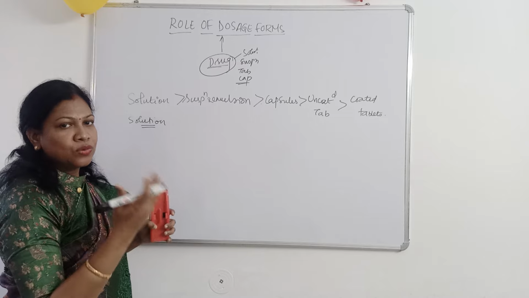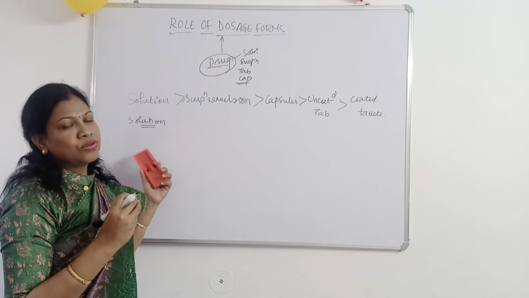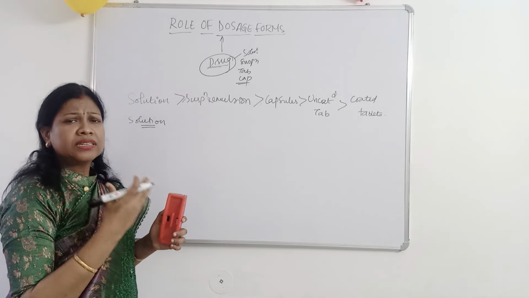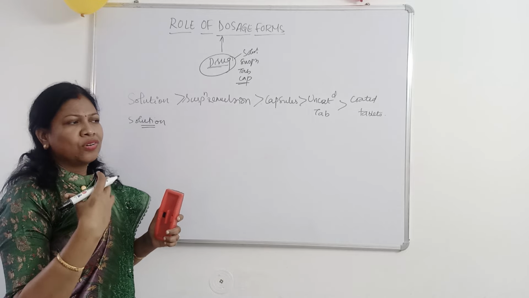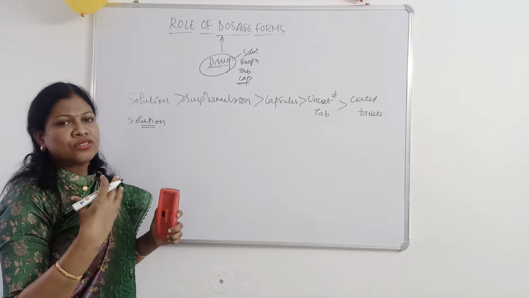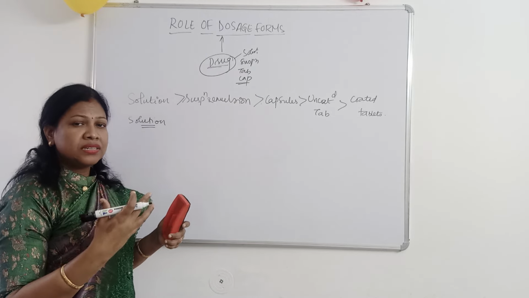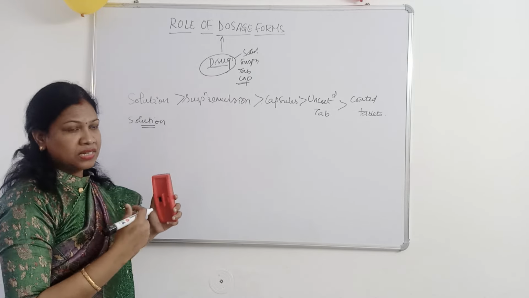So for those patients who are pediatric and geriatric, solution dosage forms will be preferred. Children cannot be administered some bitter or obnoxious drugs. So we can include sweetening agent, flavoring agent, coloring agent, and we can administer it very easily to children.